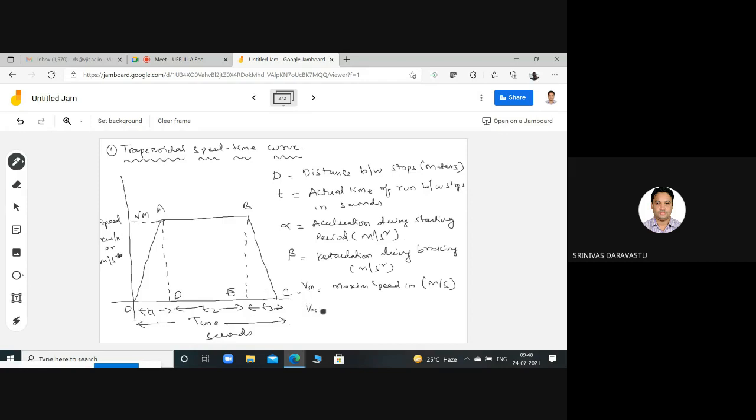Va is the average speed in meters per second. And T1, what is T1? Time of acceleration. T1 is the time of acceleration in seconds, and T2 is the time of the free running period.